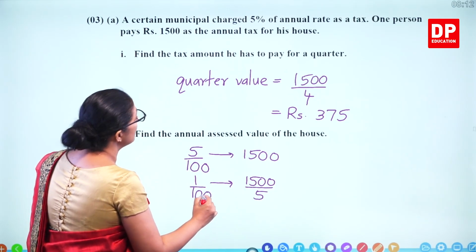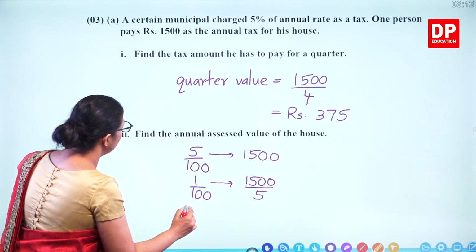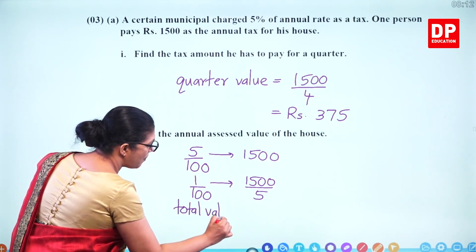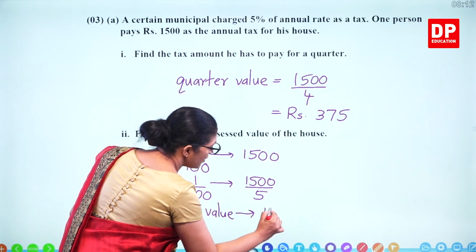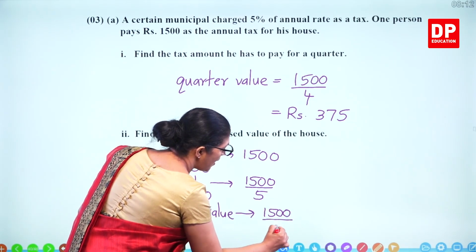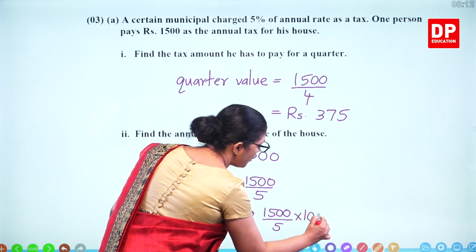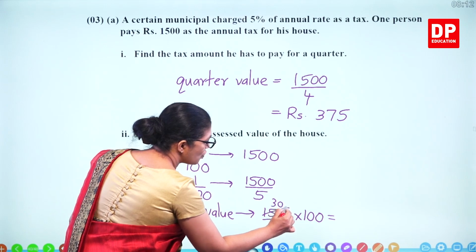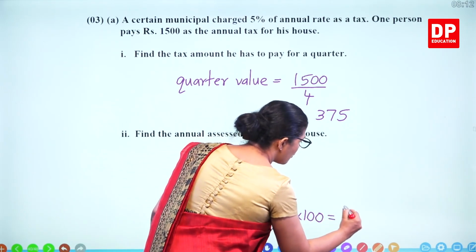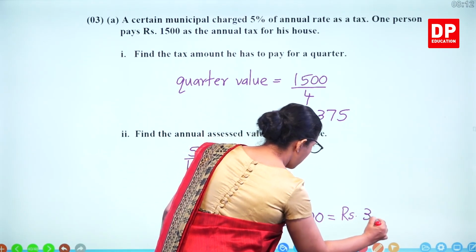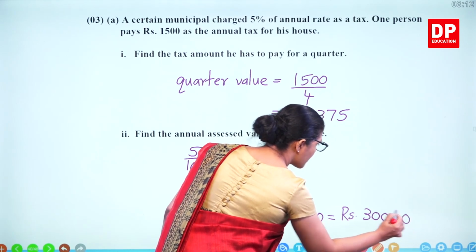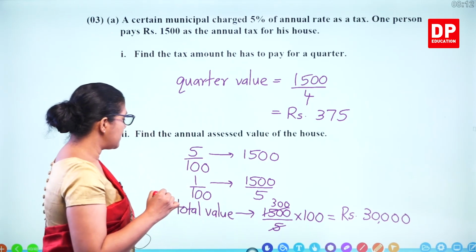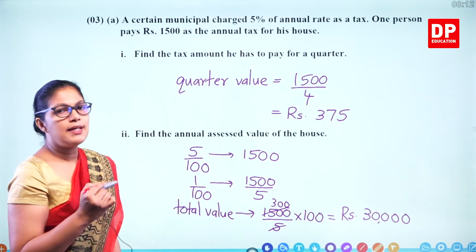So the total value becomes 100 parts. 1,500 divided by 5 into 100. 5 times 3, 15. So 2 zeros. So you get 3 and 4 zeros. 1, 2, 3, 4. 30,000 rupees is the annual assessed value.